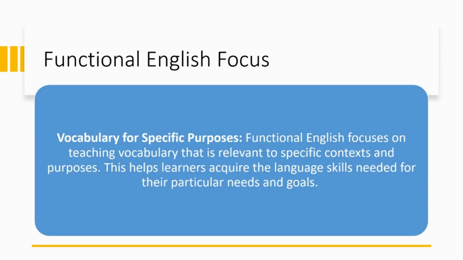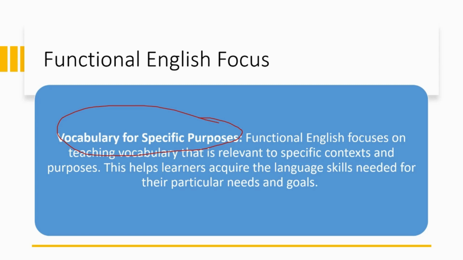Functional English focuses on vocabulary that is related to specific objectives. For example, if a student is studying mass comm, he or she would be taught and focus on learning vocabulary that's related to his or her field.